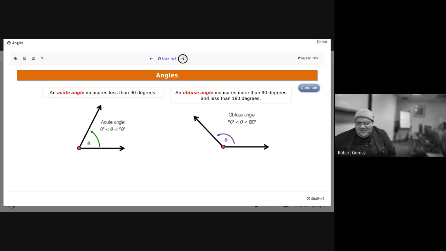But you gotta think, okay, well, how do I know that this is 90 degrees? Well, if I were to use a tool called a protractor, right? And I'll show you really quick. You've probably had one of these, or maybe you've seen one when you were in school.